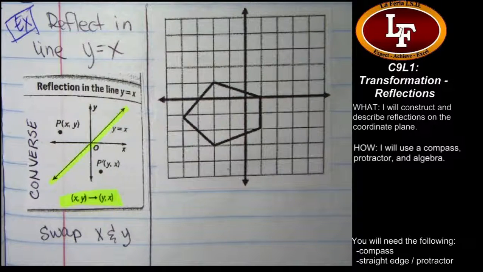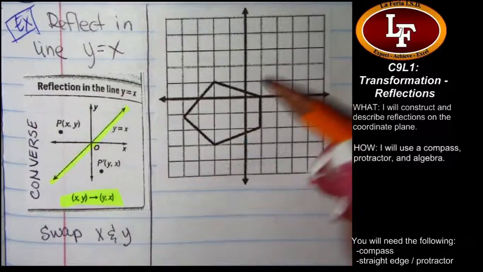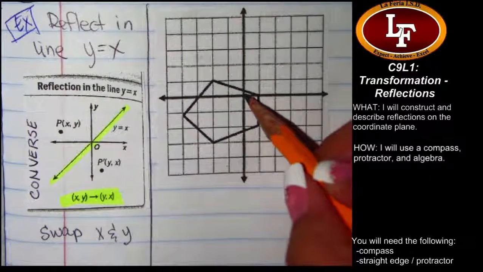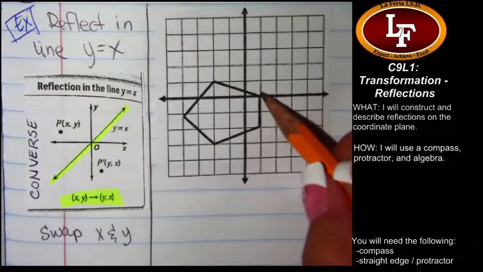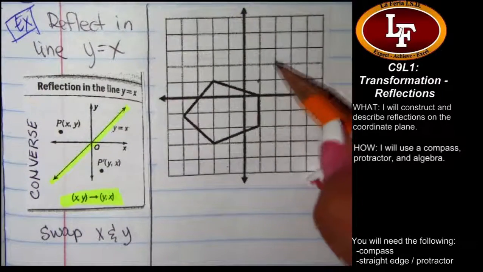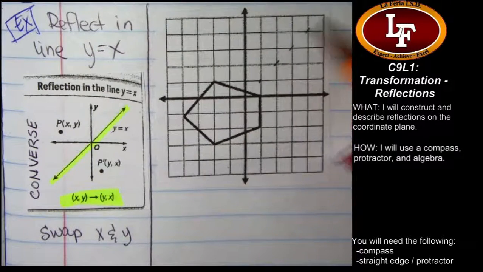The first thing that we should do, put the phone away please, is we're going to draw this line y equals x. Y equals x means that on this line, the value of y is always the same as the value of x. So when x is 0, y is 0. When x is 1, y is 1. When x is 2, y is 2. And so on and so forth.